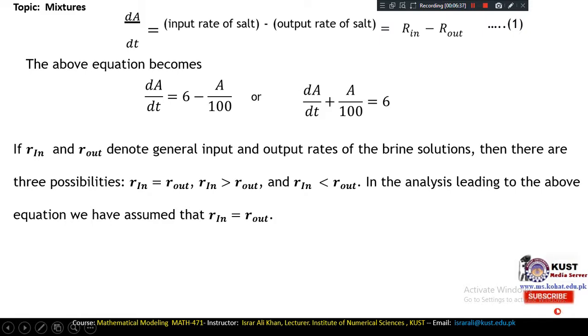If we bring this A divided by 100 term to this side, we can see that it is a linear differential equation in A. Now there are three possibilities for R_in and R_out. Either R_in and R_out are equal, or R_in is greater than R_out, or R_in is less than R_out. But here we are assuming that R_in is equal to R_out, meaning the rate of inflow is equal to the rate of outflow.